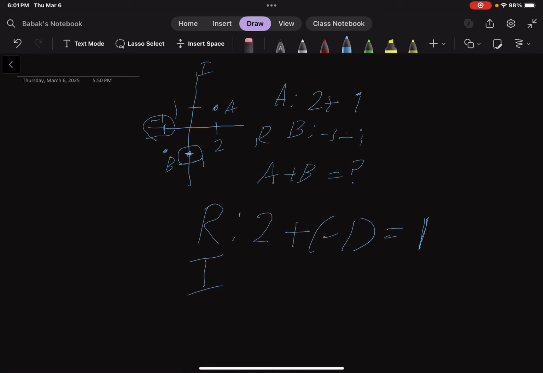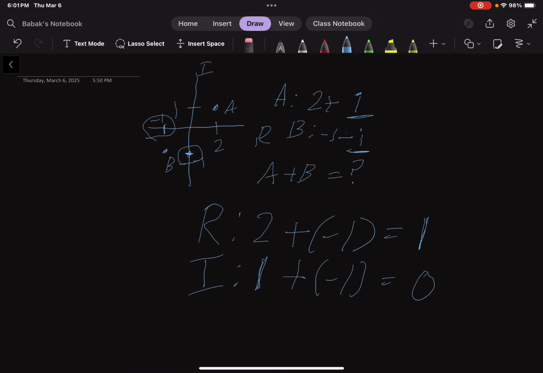The imaginary component, on the other hand, would correspond to 1 for A plus -1 for B, as is demonstrated here and here. This would correspond to 0.